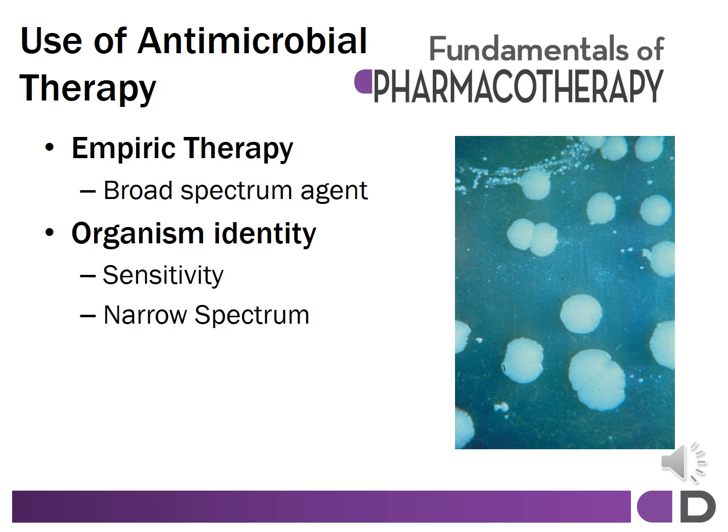When we don't know what we're treating yet, we err on the side of caution and use something with a broad spectrum to make sure that the treatment we pick has activity against the organism. Then, we usually wait for lab results to tell us what the organism is. Once we know what the organism is, we can change the therapy to something more targeted so that we know that the organism is sensitive to that narrow spectrum agent.